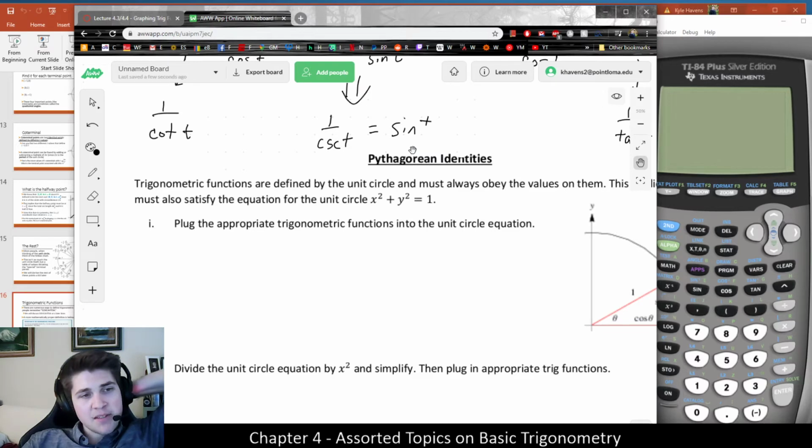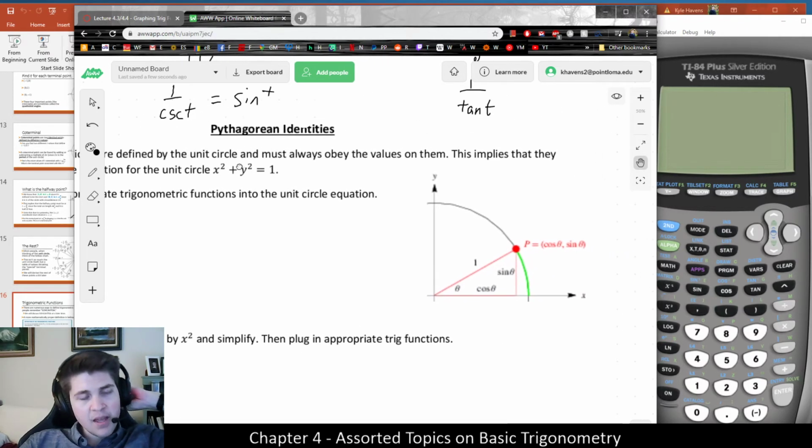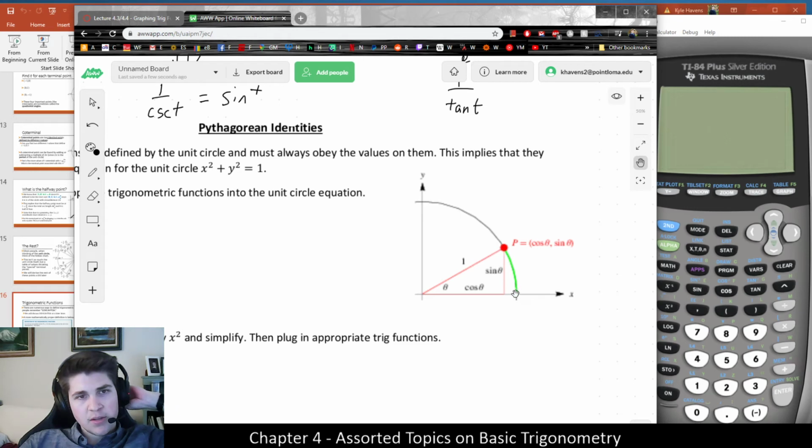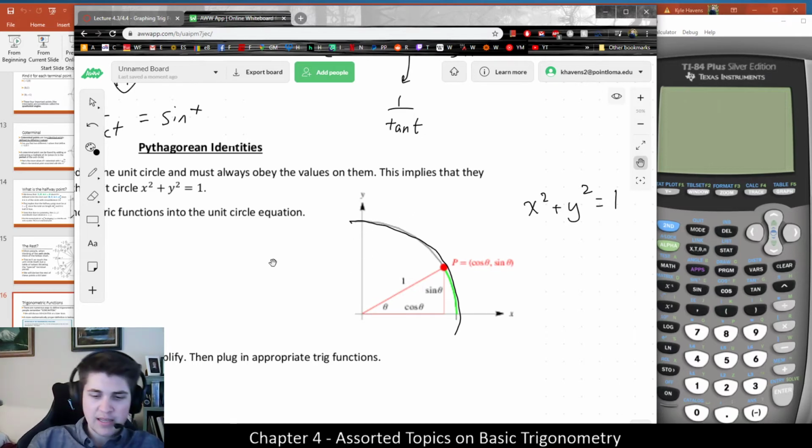But the last fundamental identity, which is worth covering now, is what are called the Pythagorean identities, which stem from the Pythagorean theorem. Going back to the unit circle, recall that I emphasized the importance of the unit circle equation, which was the fact that the equation of the entire circle was given by x squared plus y squared equal to 1, because that's how a circle is when its radius is 1 and it's centered at the origin.